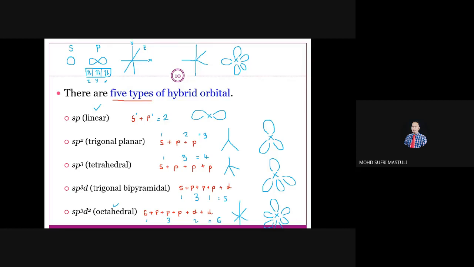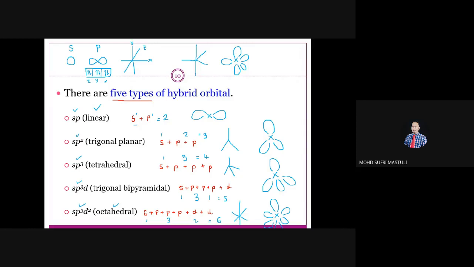Of course, you have to remember the 5 types of hybrid orbital: sp, sp2, sp3, sp3d, and sp3d2. And also try to understand what the sp is all about.